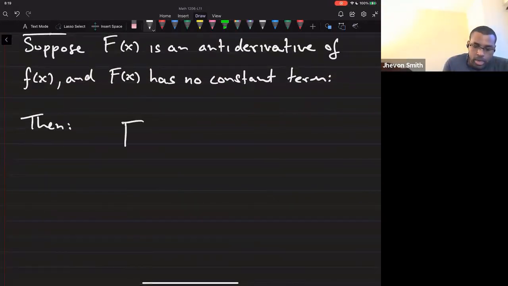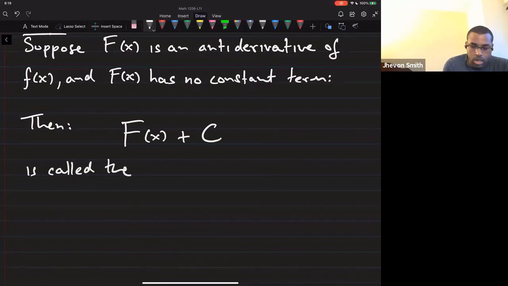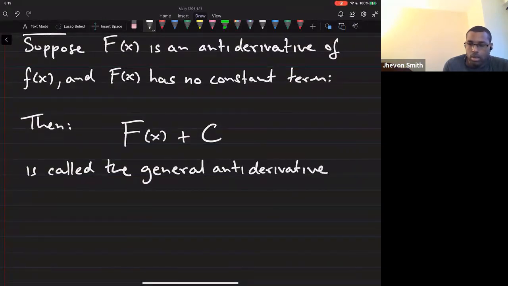Then this expression, big F of x plus C, is called the general antiderivative of f of x.